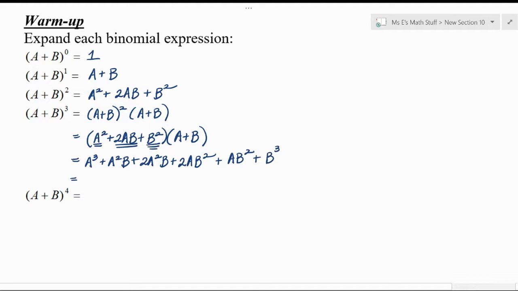All right, and then before we quit, let's combine like terms. So we'd have a cubed, just one of those. But we had a total of 3a squared b's, it looks like. And then we had a total of 3ab squareds.